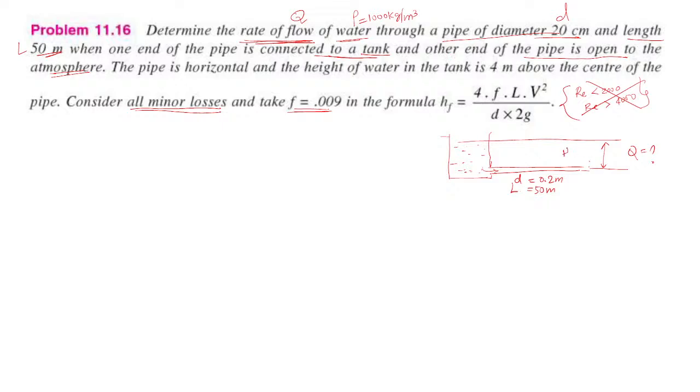This H value is from the center line of the pipe to the height of the water in the tank, the distance between these is H. That is 4 meter, given. F is given, friction 0.009, there is no unit, and consider all losses.